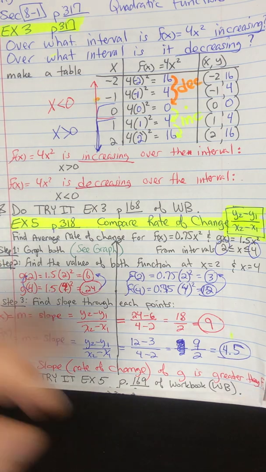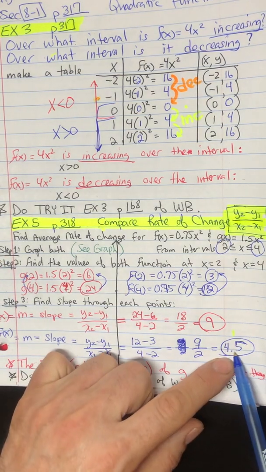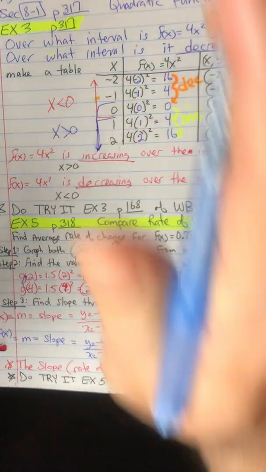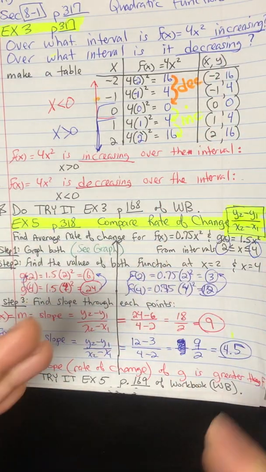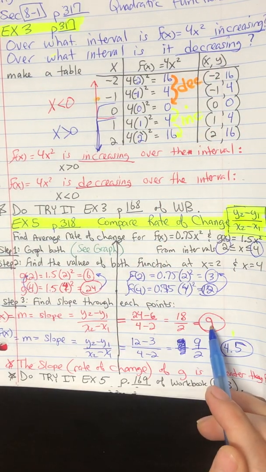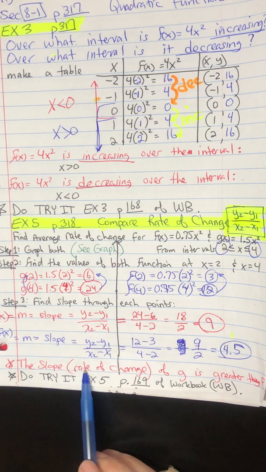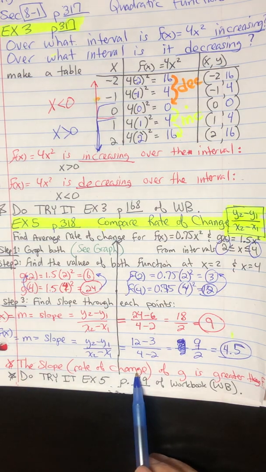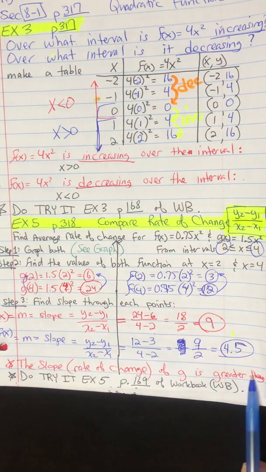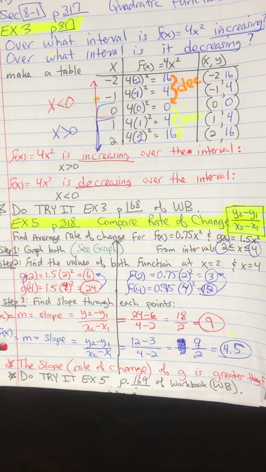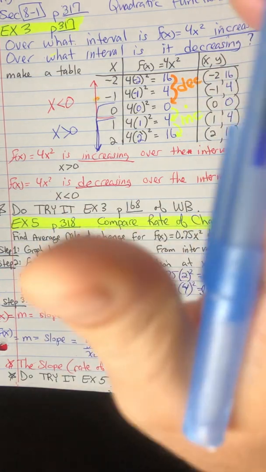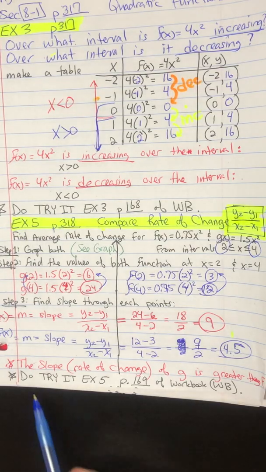If the graph is wider, the slope is going to be smaller. If the graph is more narrow, the slopes of both ends are going to be higher, greater slope. So what I wrote here was the slope, rate of change, slope or rate of change mean the same thing, of g is greater than f because the sides of g were more narrow, were pointing more straight up.